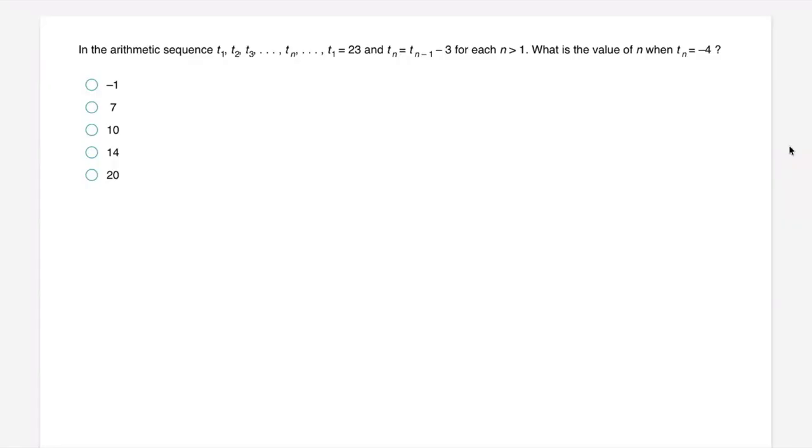Marcelo, is the last number for the one that equals 23 supposed to be something else that's not one? Like it says T1, T2, T3, and then all the way up to T1 again. Yeah, no, T1 is 23. Oh, okay.